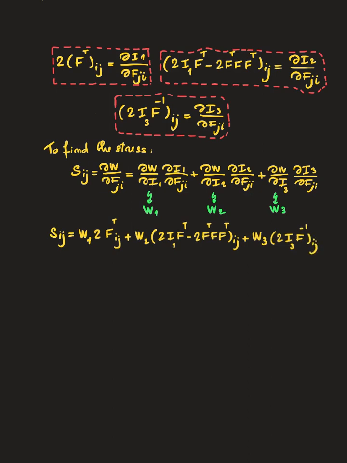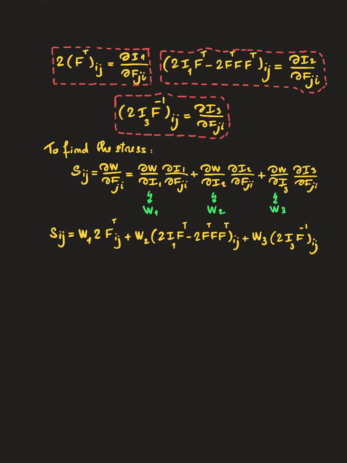So what did we find? We found that the Ij component of this stress tensor is the Ij component of this, or of this, or of this. So the whole tensor S is equal to the general tensor written on the right-hand side.